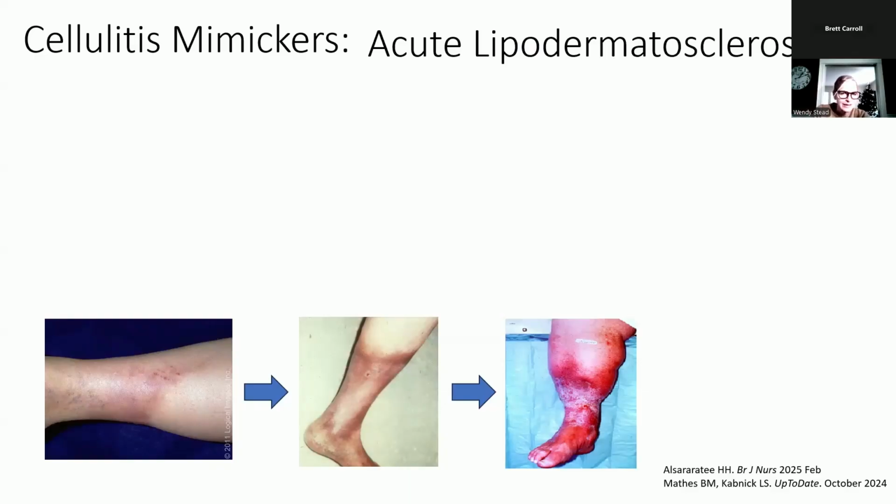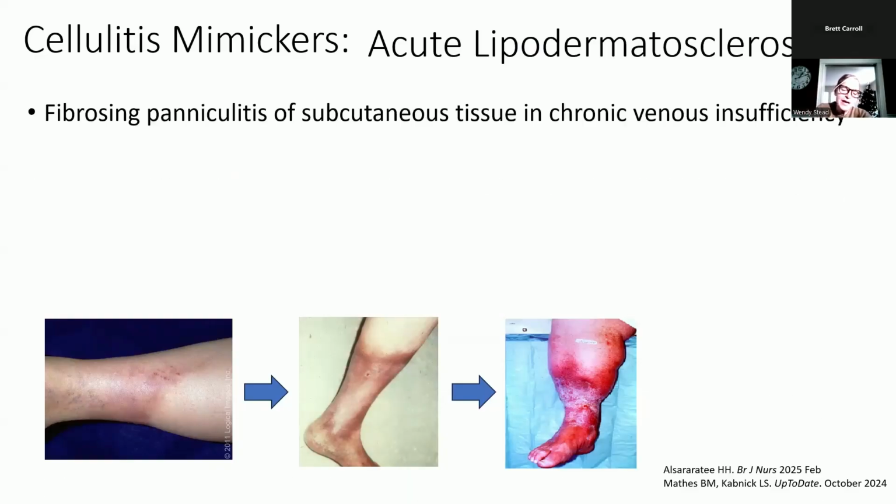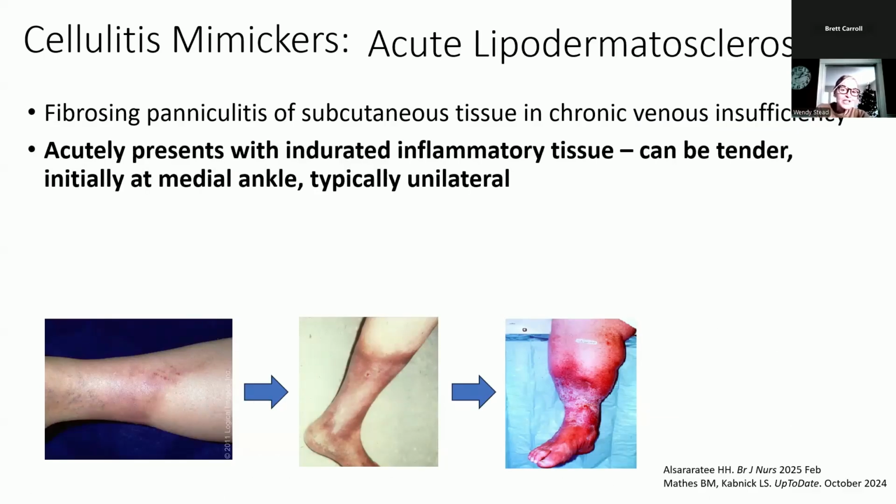And so what is lipodermatosclerosis? That is essentially a fibrosing panniculitis, so fibrosis in the fat layer of the subcutaneous tissue that happens in patients with chronic venous insufficiency. But when it happens acutely, it can occur with very indurated inflammatory tissue that can be quite tender, usually along the medial ankle, and typically unilateral.